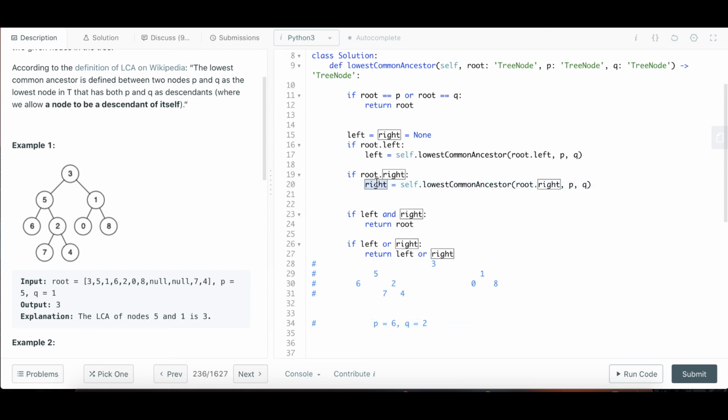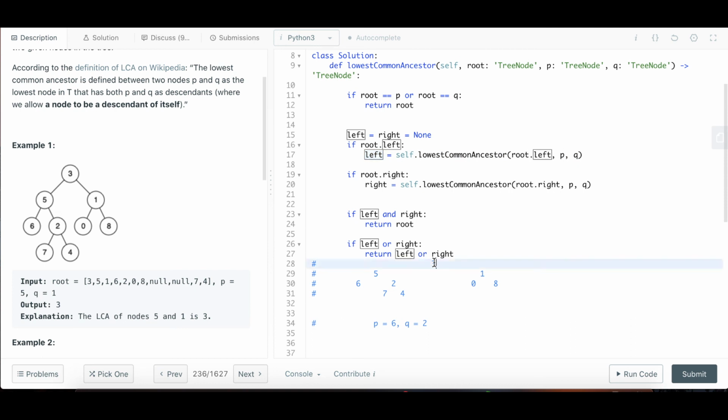Right is updated to a new value, and both of them have a new value right now. That's why you return root. Root here is 5. It's not 3. Keep that in mind. Right? Now you go up because you got the benchmark. You found your lowest common ancestor. You go up. You get to left. Left got updated already.